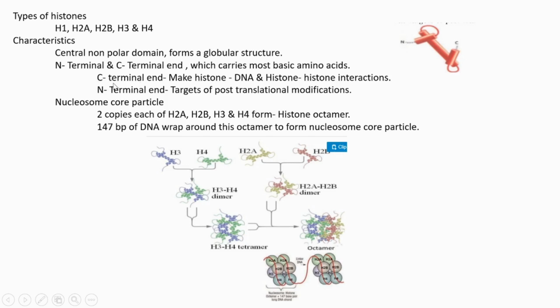Coming specifically to the C-terminal end, what is its role? It makes histone-DNA and also histone-to-histone interactions possible. First, it makes the interaction between histone and DNA, and at the same time, histone-to-histone interactions.